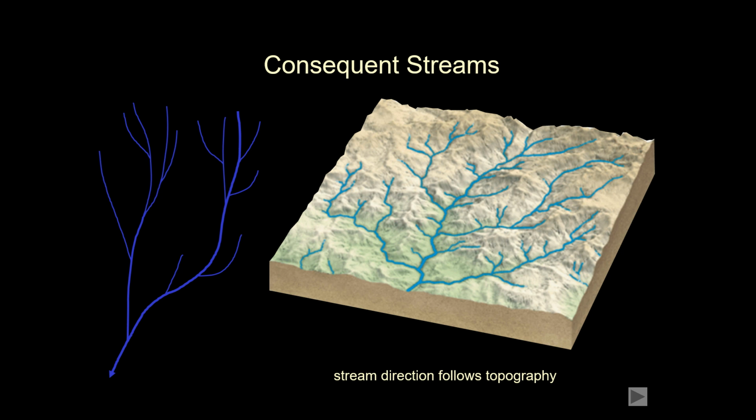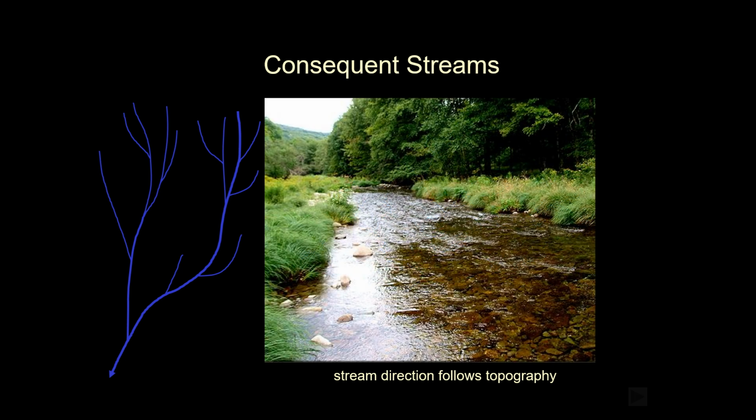So the stream direction just follows the topography. These streams look kind of like the branches on a tree, if you will. There's another example of what a consequent stream looks like. It isn't really influenced by the underlying geology.